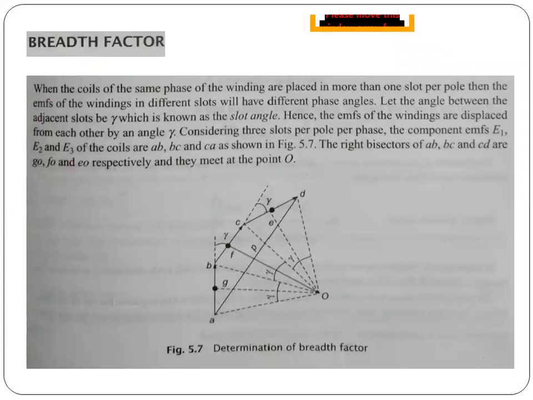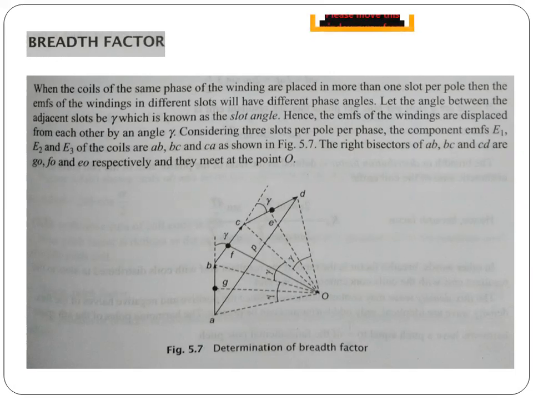Breadth factor. When the coils of the same phase of the winding are placed in more than one slot per pole, then the EMF of the windings in different slots will have different phase angles. Let the angle between the adjacent slots be gamma, which is known as the slot angle.